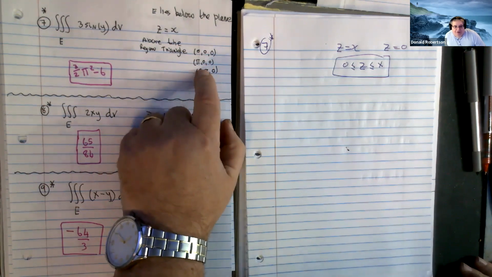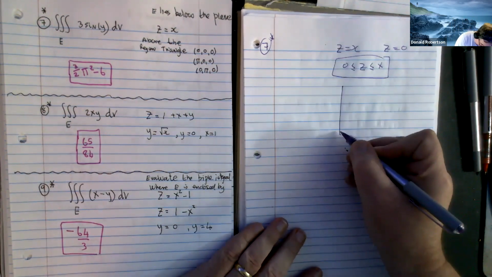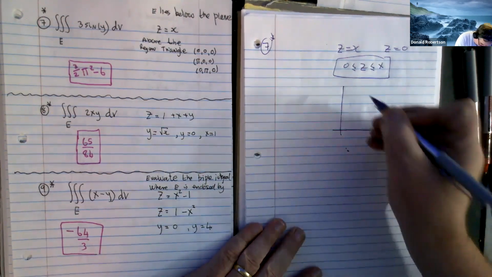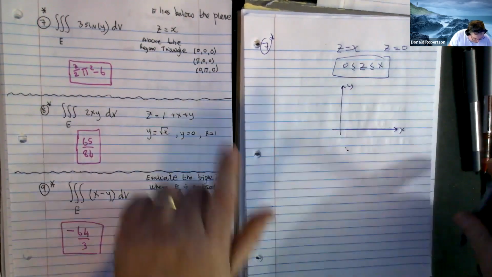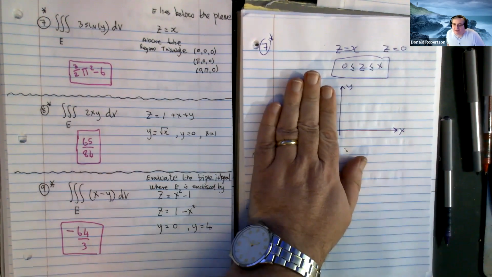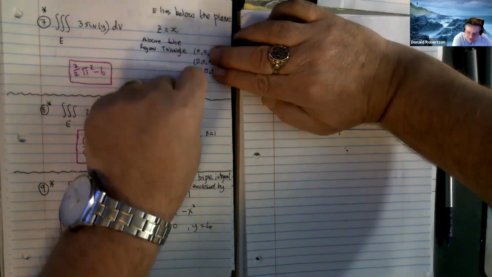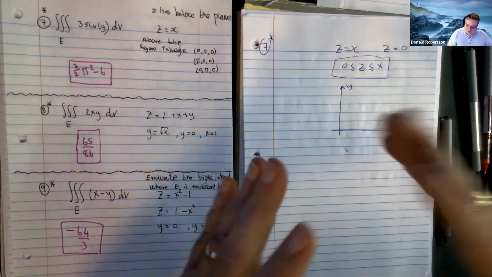And if you imagine this triangle on the floor, I've got an x-axis here and I've got a y-axis here. 0, 0, 0. Since the last number is 0, it's telling me it's on the xy plane. I mean, they could have done away with those and just said, here are the 3 points that make up the rest of the region.